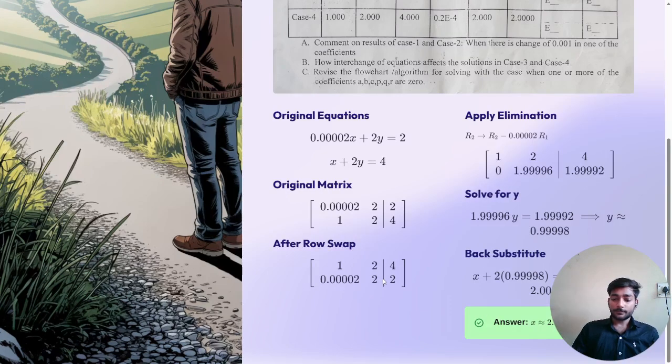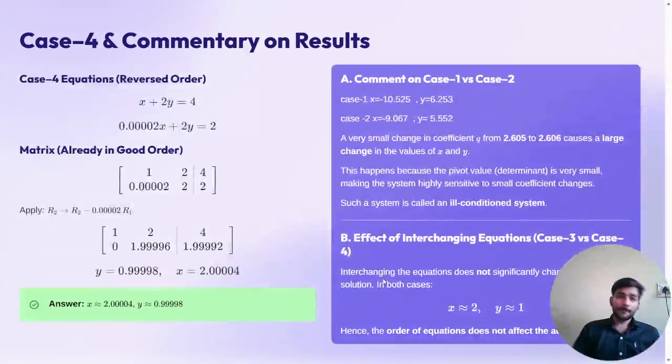And let's see now case 4. We have given the value of A equal to 1, the value of B equal to 2, the value of C equal to 4, and the value of P equal to 0.2 into 10 to the power minus 4.